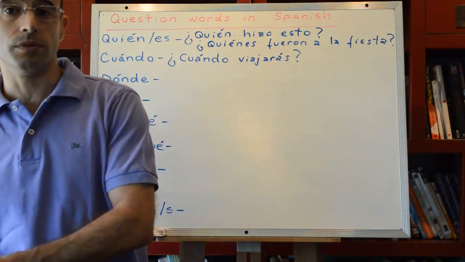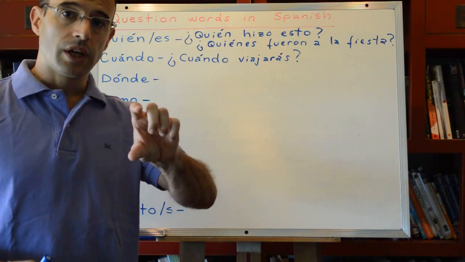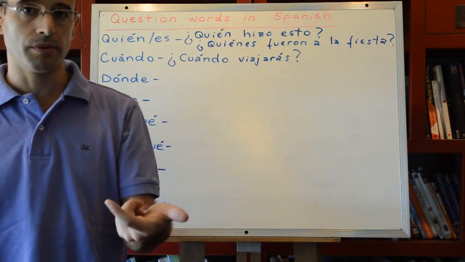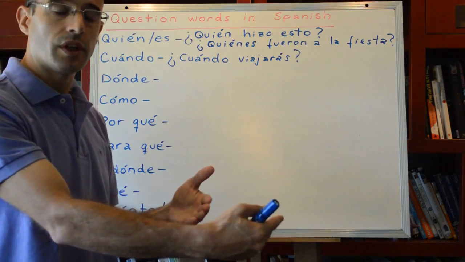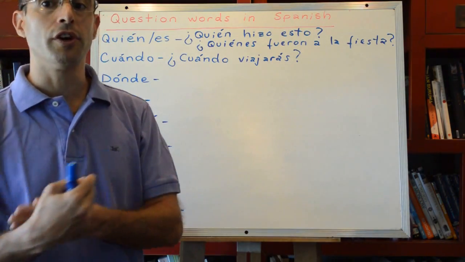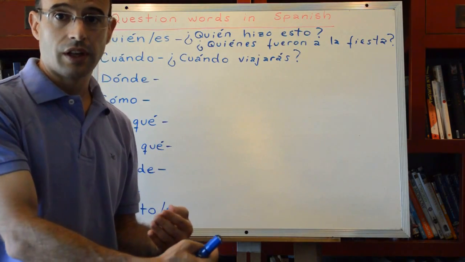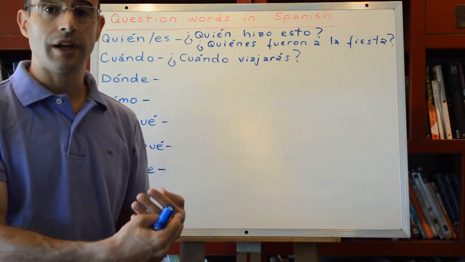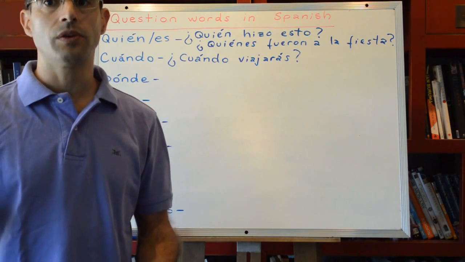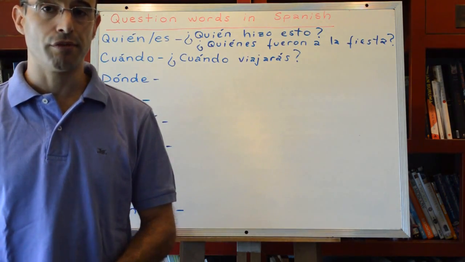In English we do. In English we invert the order of the subject and the verb, right? So when we are reading, suddenly we see that the sentence begins with the verb and not with the subject. And that's how we realize that it's a question and we have to change the intonation of the phrase, right?